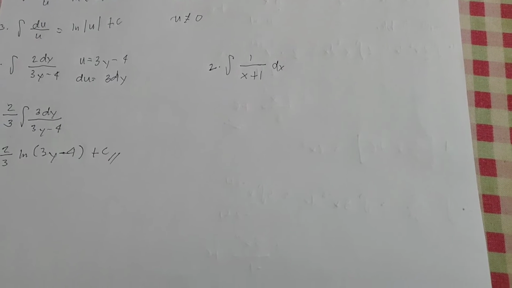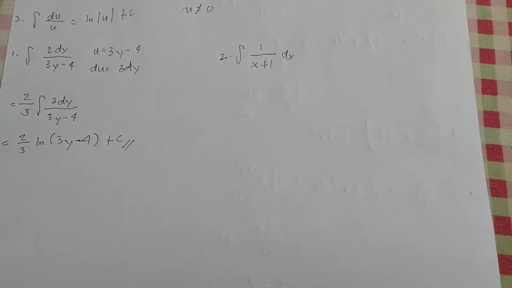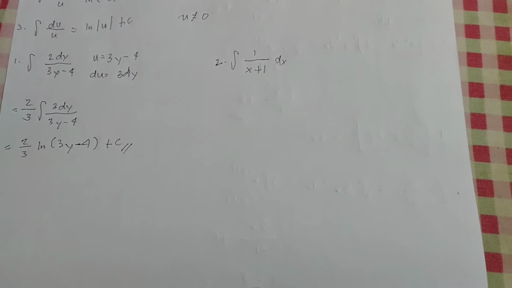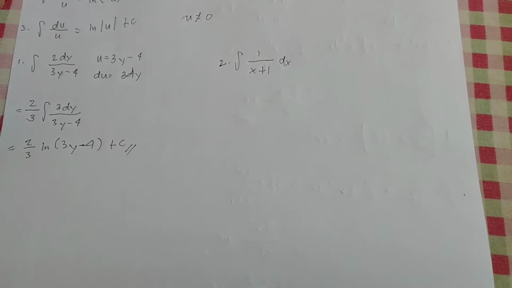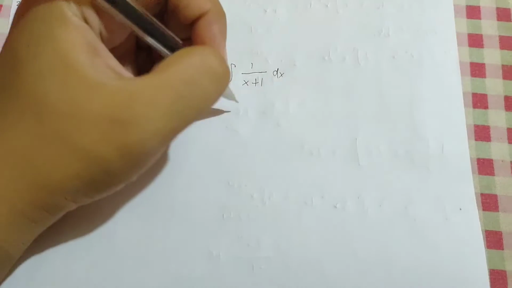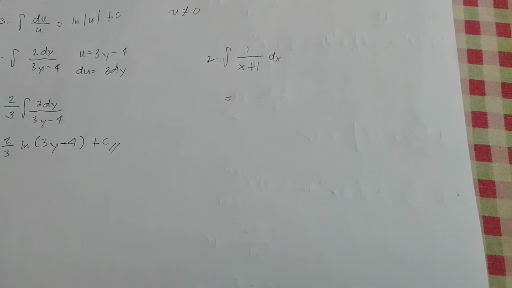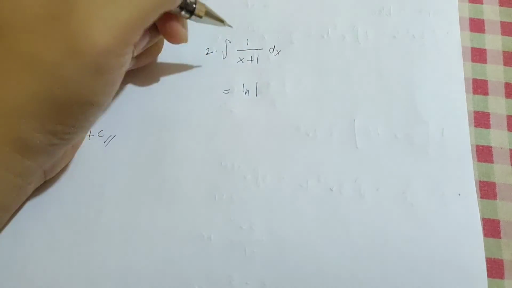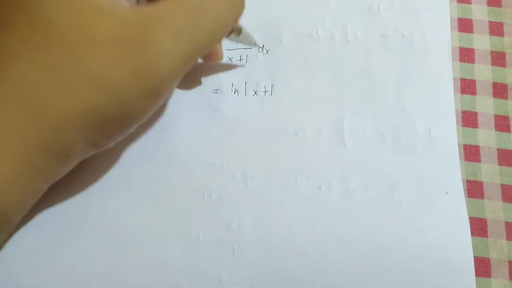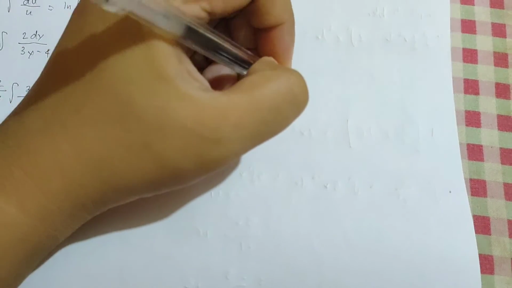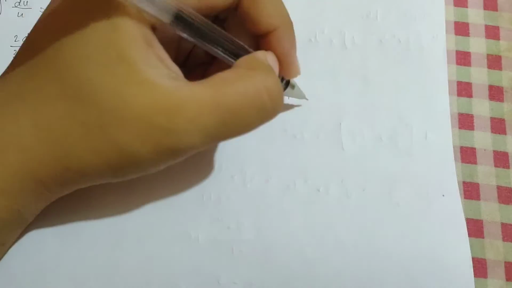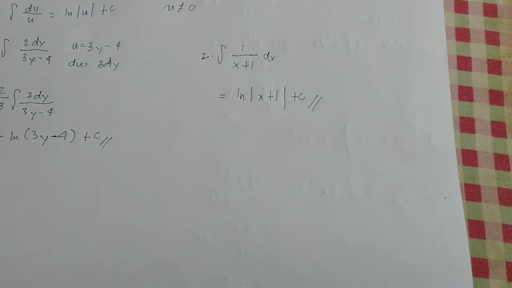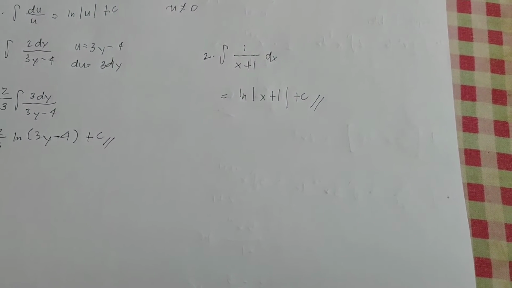It's simple because it is written in the formula I've shown you earlier. So it's simply ln absolute value of x plus 1 plus c. That's our final answer. It's just simple, right?